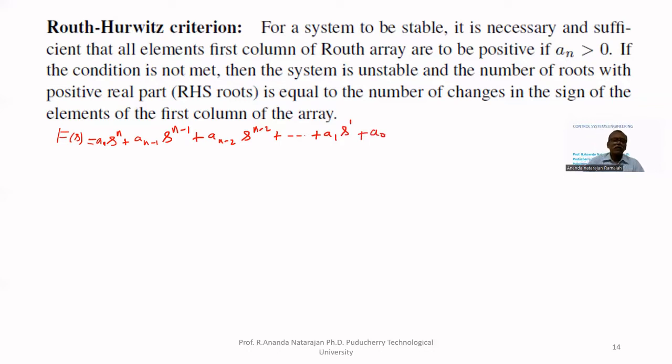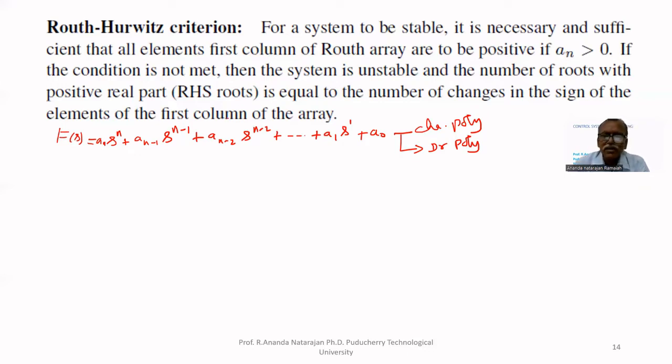This is an nth order characteristic polynomial, or we can say the denominator polynomial of an open loop system or closed loop system. If you find it for an open loop system, it is called an open loop stable system. If you find the closed loop poles for a closed loop system, then it is called a closed loop stable system.